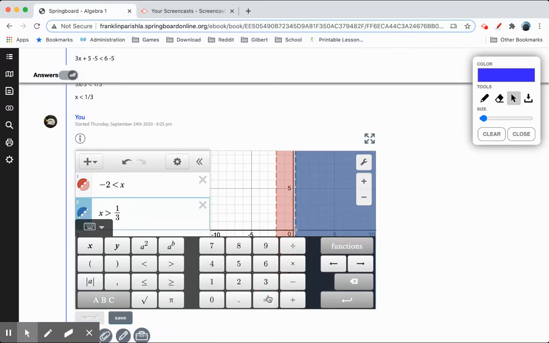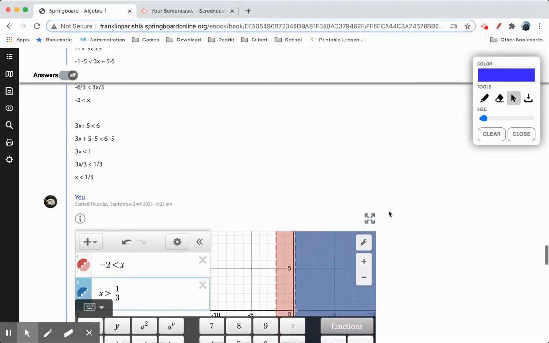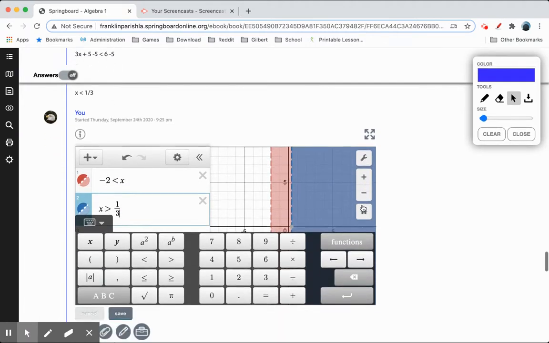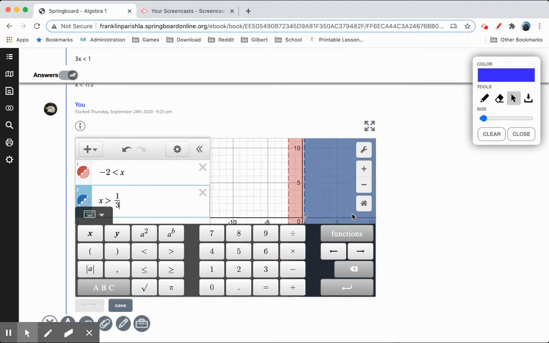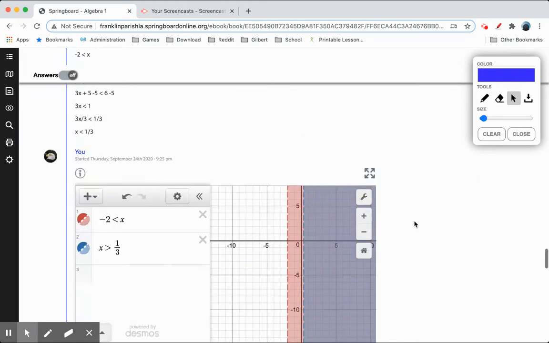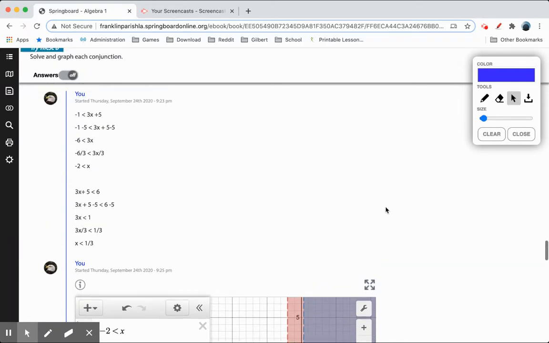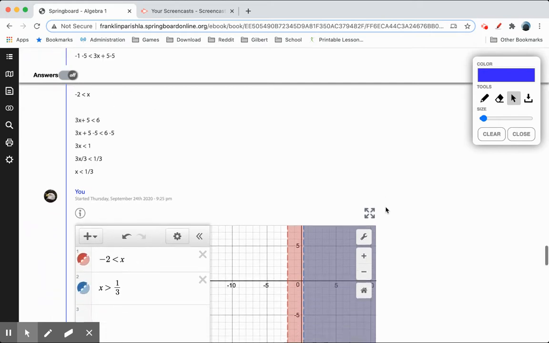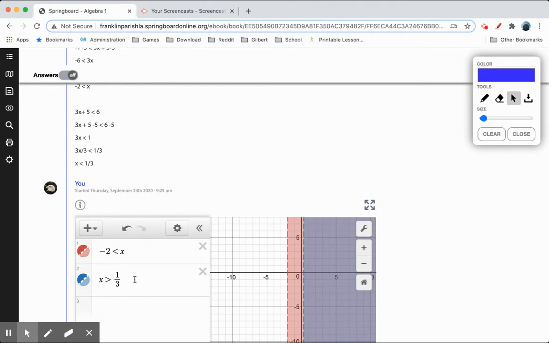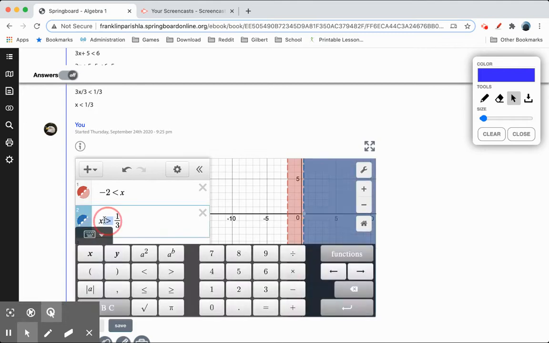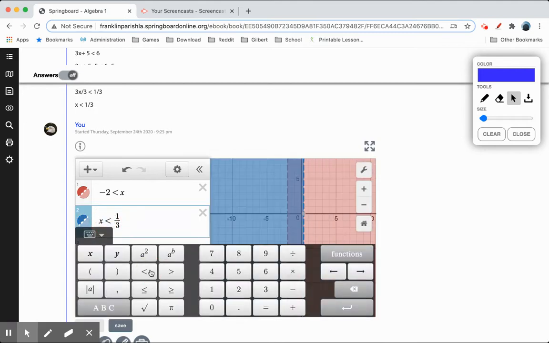We'll just put 1 divided by 3. Actually, this one is less than.